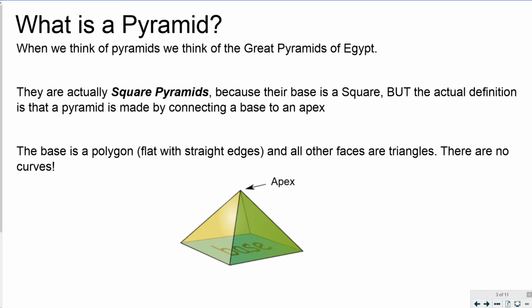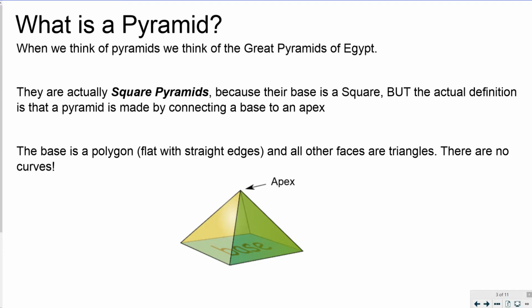So, the base is a polygon, some sort of flat shape with straight edges, and all of the other faces are triangles because you'll have one side that touches the base, and then the other two sides are used to join the other edges to an apex, or a point where all of the sides meet. So apex meaning the point where all of the sides meet.